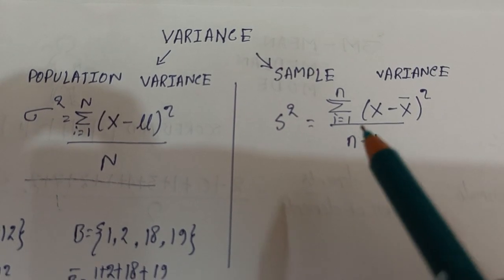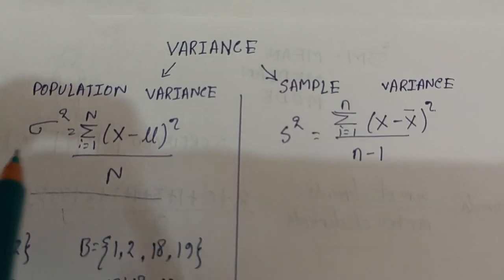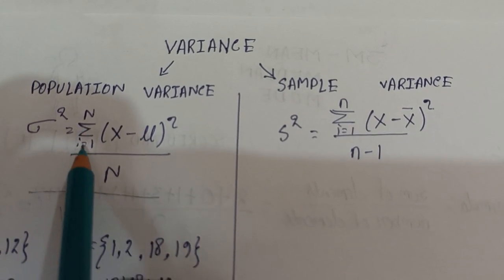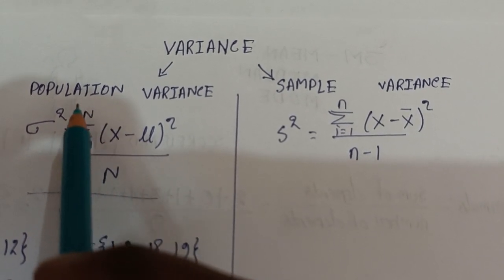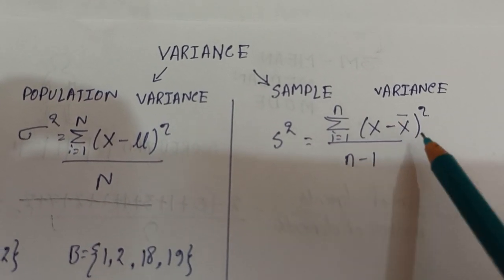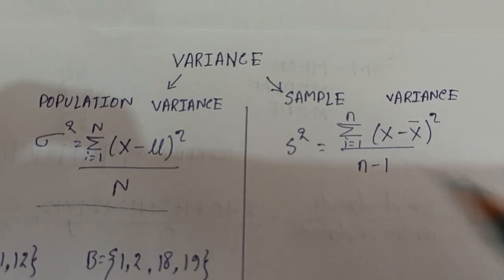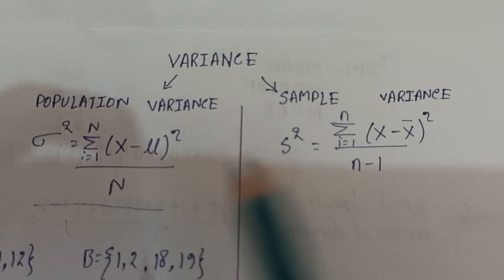Now a square is equal to the sum from i equals 1 to small n. Please watch that there was a big N and here is small n. Then x minus x bar whole square by n minus 1, and there was big N.